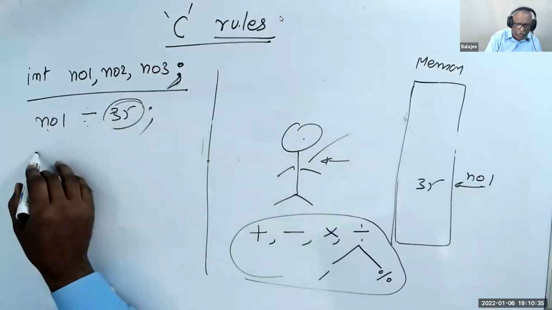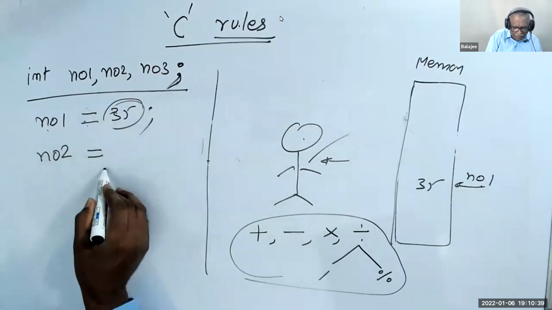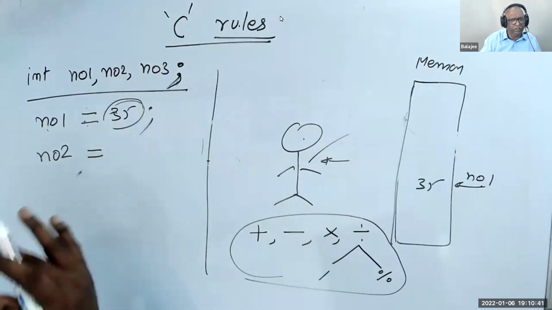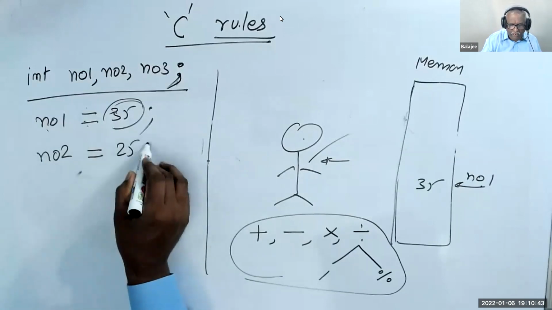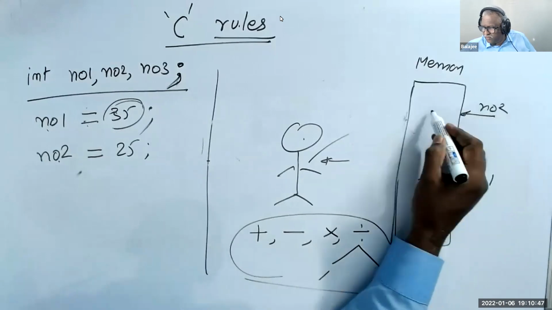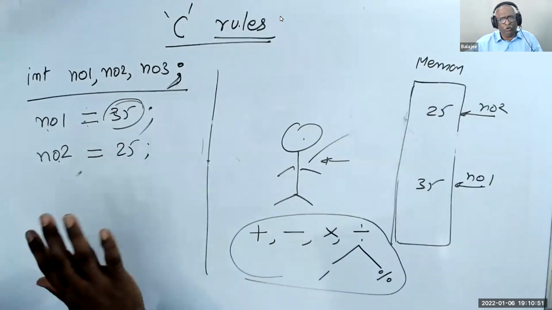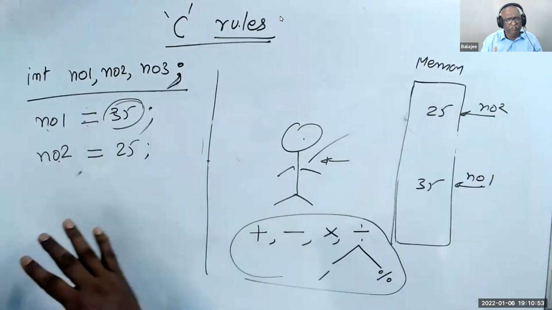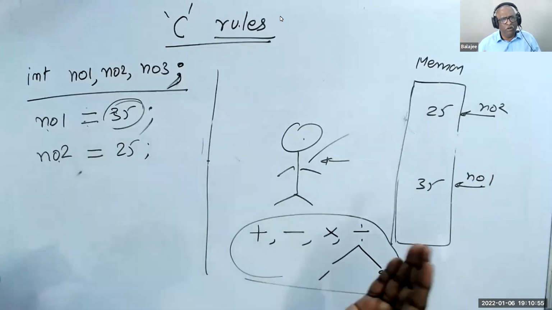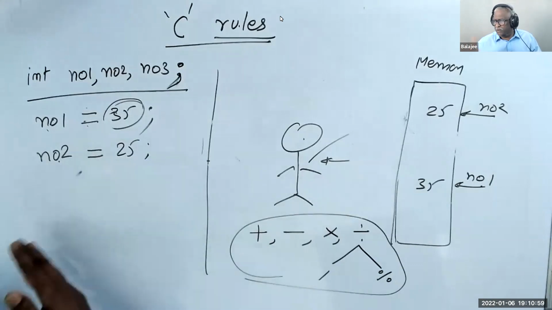Then I told it to store 25 in number 2. This is actually this symbol only, but unfortunately they use this. Now number 2 is somewhere. Don't worry, it is a thorough process. Now we will slowly go one by one. Finally I will explain how exactly you write a program, how it goes.